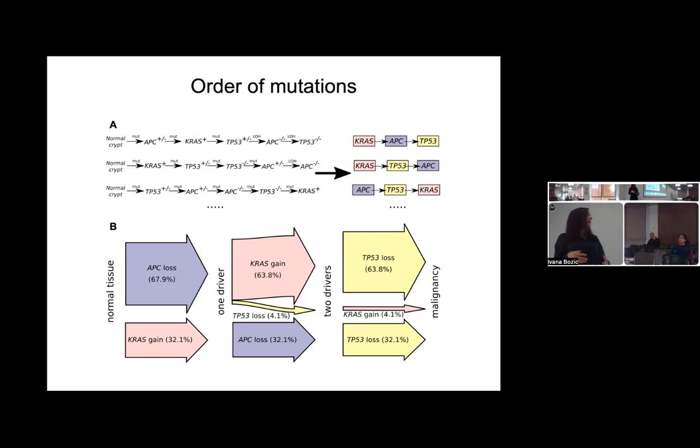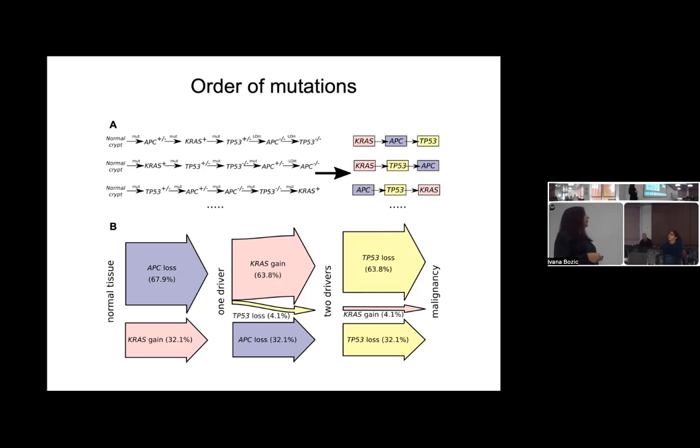colorectal cancer incidence. Another question we wanted to ask was the order of driver mutations. We said, if we focus on all paths that reach malignancy by age 80, what is the most likely order of driver mutations along those paths? So not all paths in general, we specify that they have to reach malignancy by age 80.